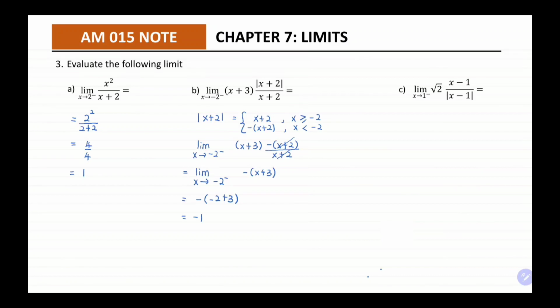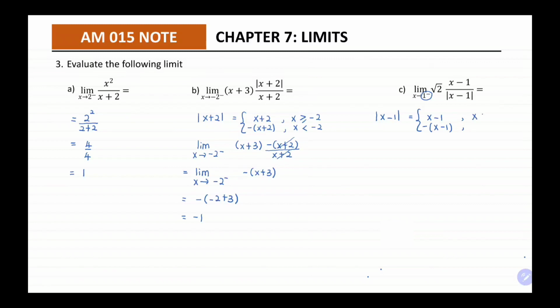In question C, we have limit x approach 1 from left, square root of 2 times x minus 1 divided by modulus x minus 1. Okay, since we have 1 from left and we have a modulus, we change the modulus into a piecewise function. We have two functions. First one is positive x minus 1 and next is negative x minus 1.